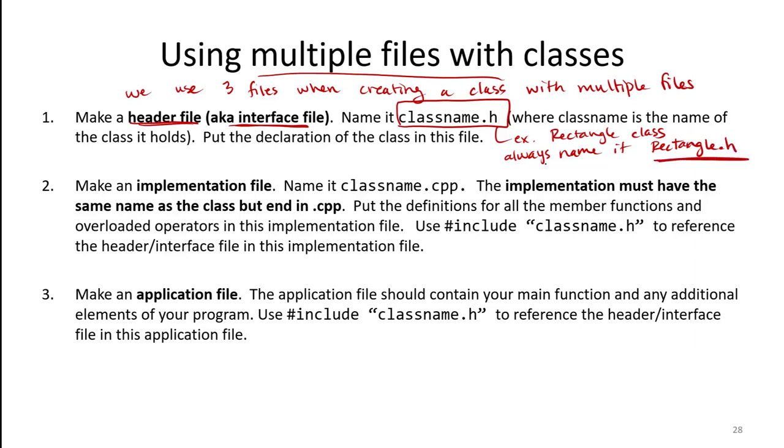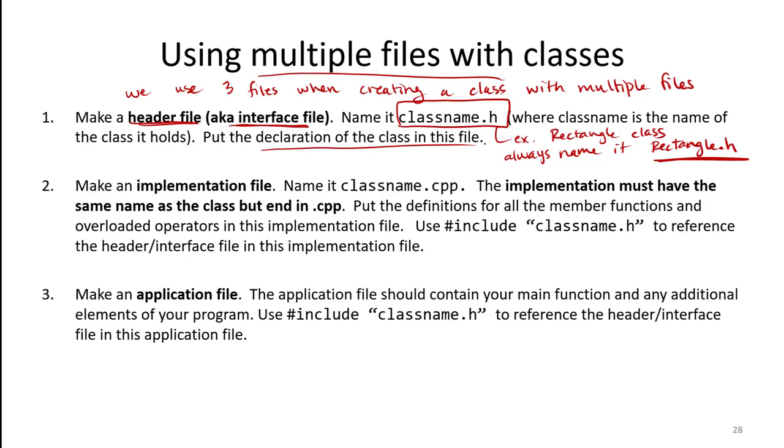Please be aware this is an extremely important convention. Your header file will always have the class's name .h as its file name. You'll see that we put the class declaration inside this header file.